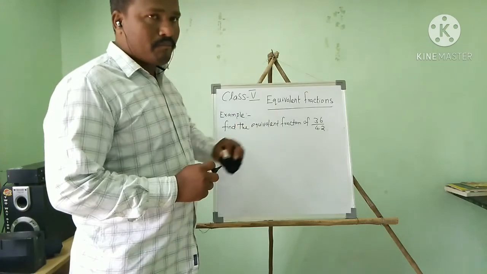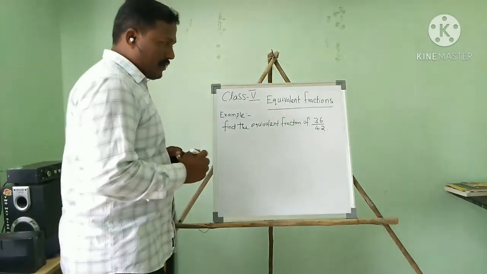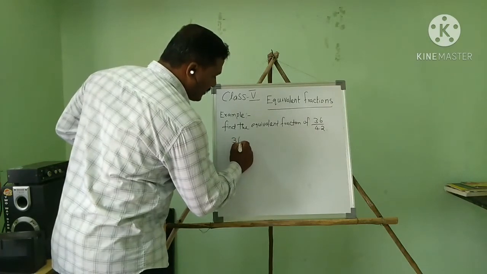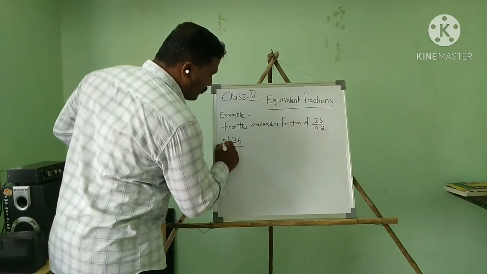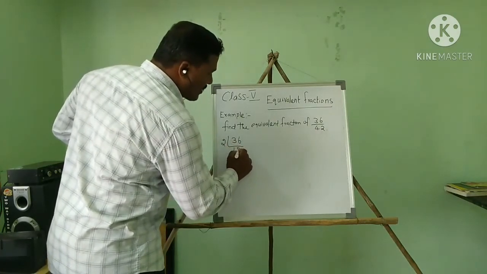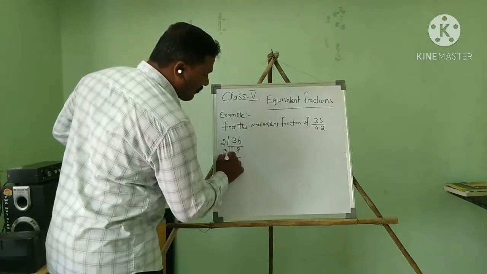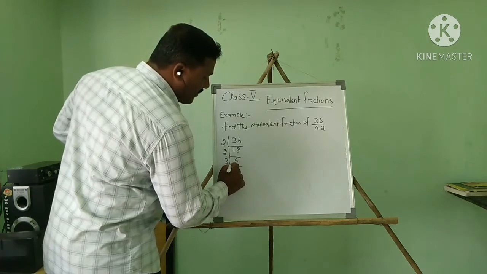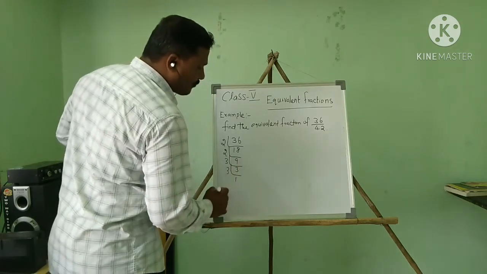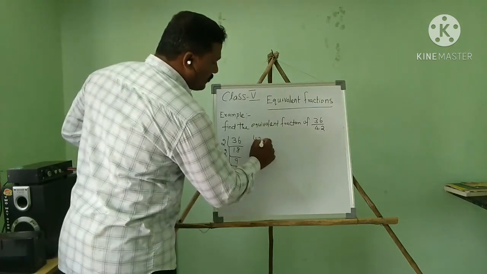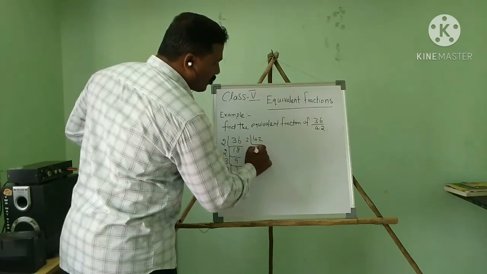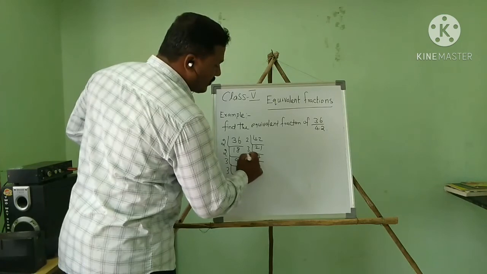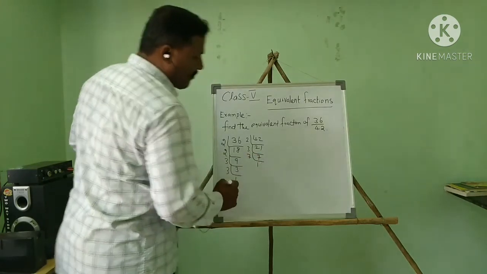So let me find the HCF. 36: 2 18s are 36, 9 2s are 18, 3 3s are 9, 3 1s are 3. Then 42: 2 21s are 42, 7 3s are 21, 7 1 is equal to 7.